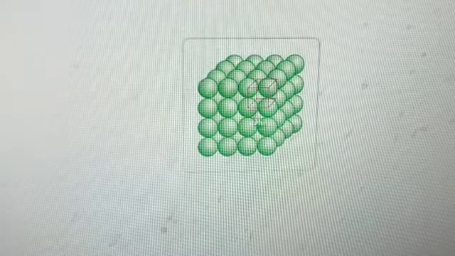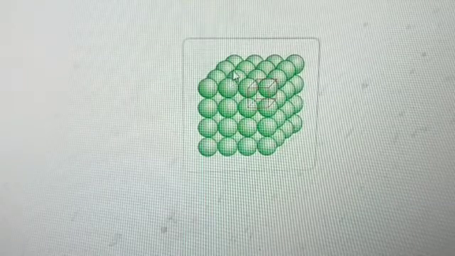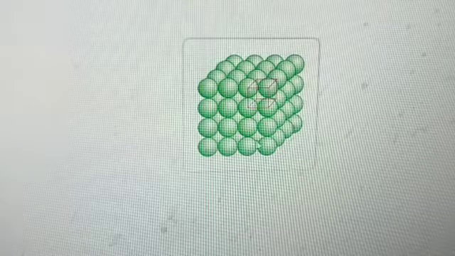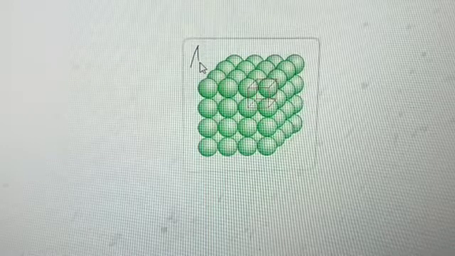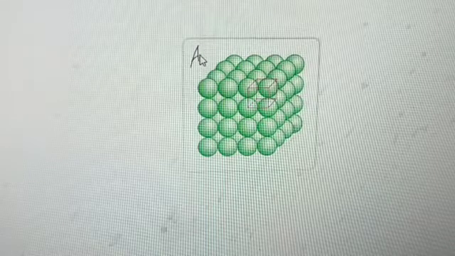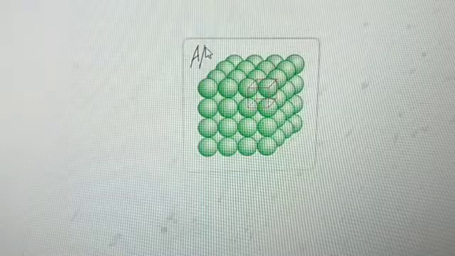In all these layers, the arrangement of the constituent particles is the same. So which type of arrangement can we say? A type of arrangement, I told you, no?